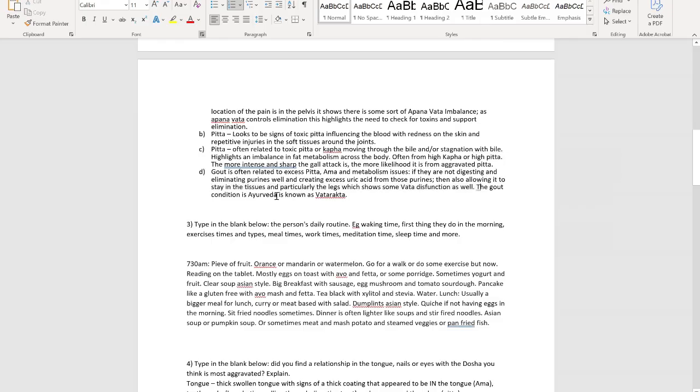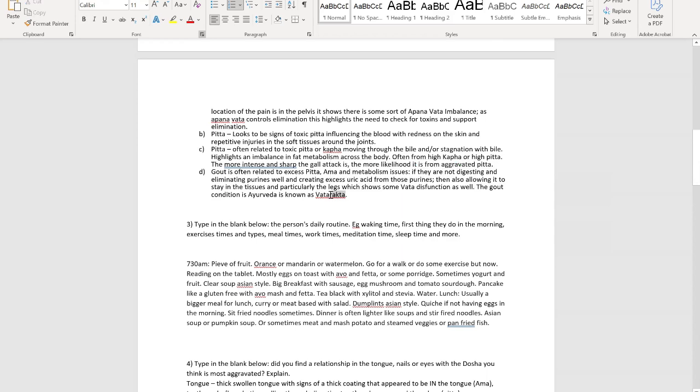The gout condition in Ayurveda is known as vata rakta. So here we have a specific name that has many of the symptoms associated with what we in Western medical science call gout and this uric acid building. And the name here already highlights vata in some way. And then it looks at rakta, which is the second tissue, the blood.